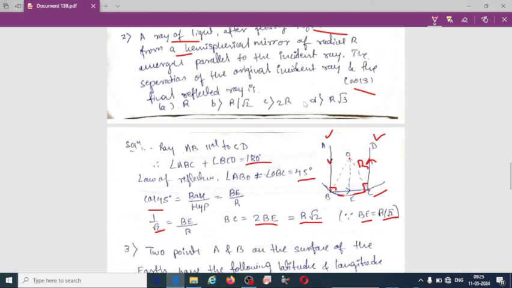So BC equals R root 2. So with the root 2 we should have, the answer is option C.